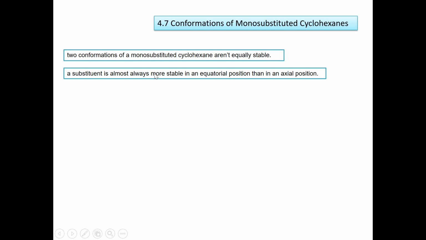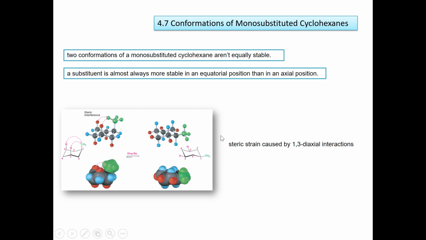A substituent is always more stable in an equatorial position than in an axial position. That is what we explained. Here you have a methyl. This methyl is interacting with these two protons, destabilizing this structure by steric strain. But if the substituent is in equatorial position, we don't have any 1,3-diaxial interaction.